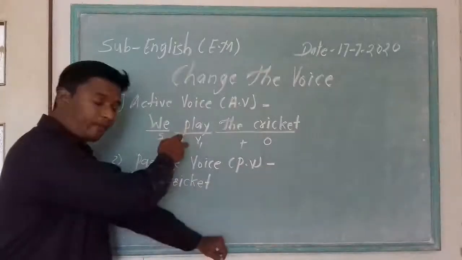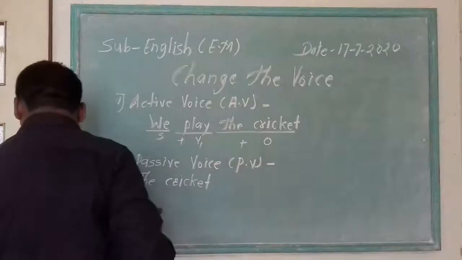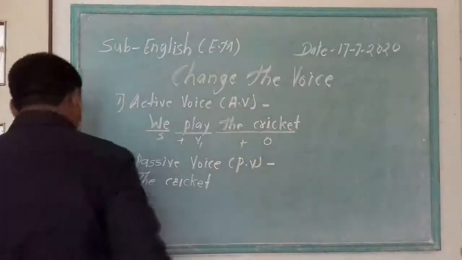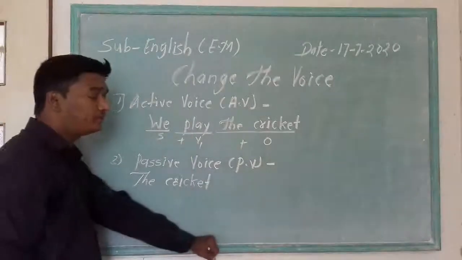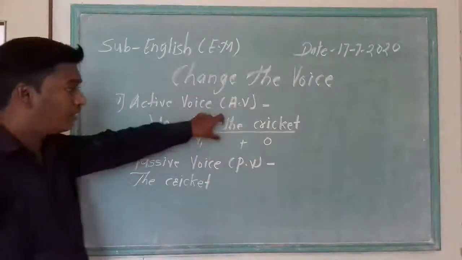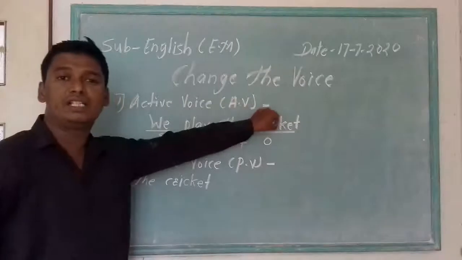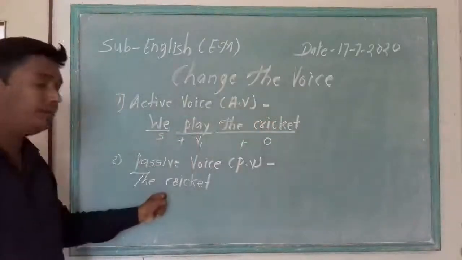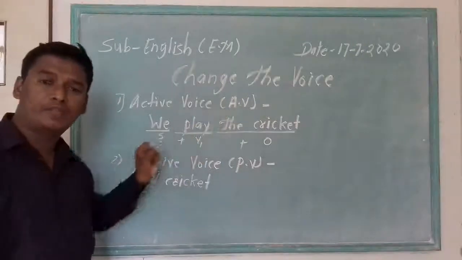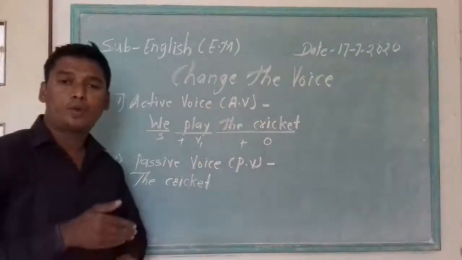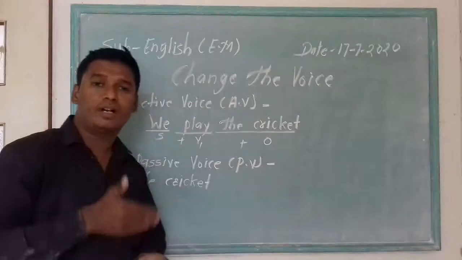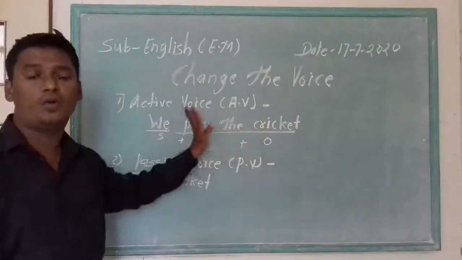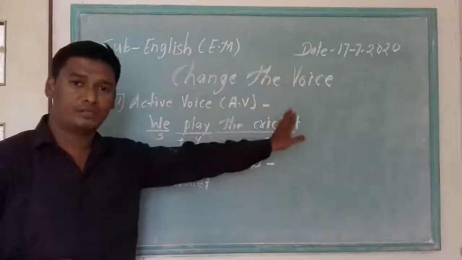What is the tense of the given sentence? It is simple present. After writing object at the place of subject, take proper auxiliary verb according to the tense of the given AV sentence and according to the number of the subject.